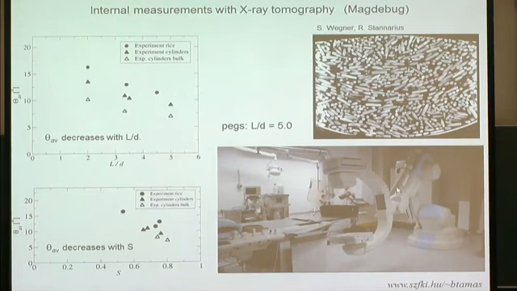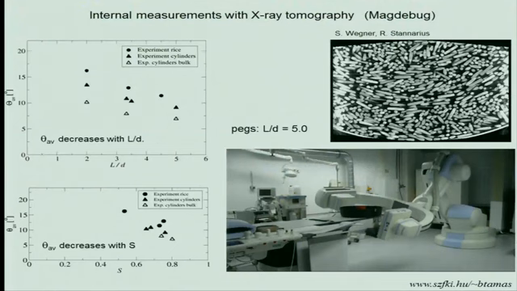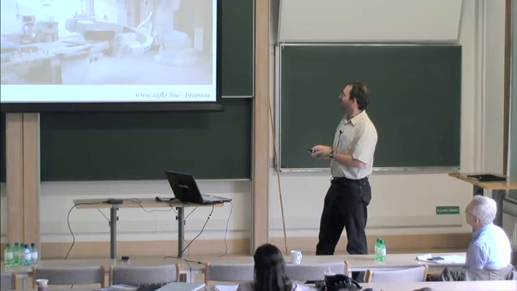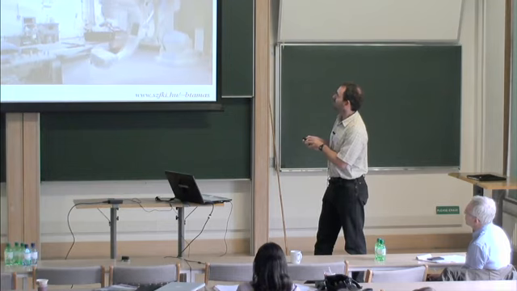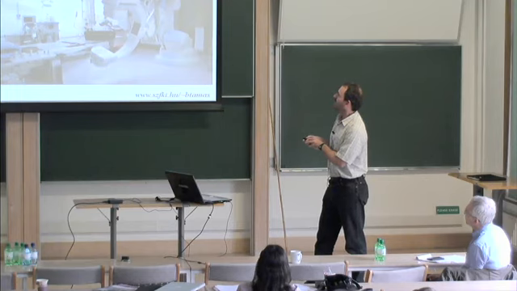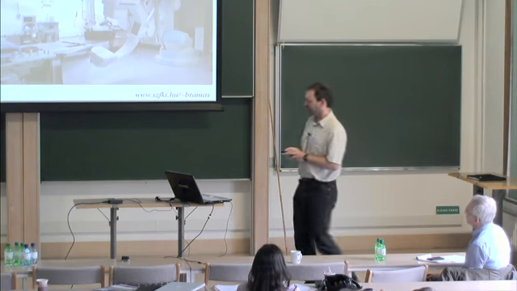It doesn't work. This is a movie which would just show how the tomograph works. So we take data from inside the sample, and we find that the bulk data are actually showing the same tendency as the surface data. The alignment angle is a little bit smaller inside the bulk, but the tendency is the same.